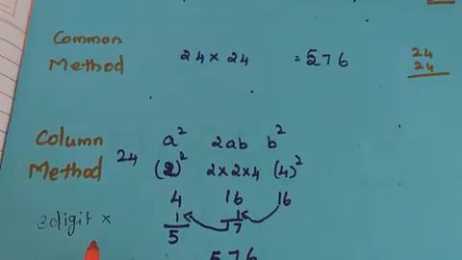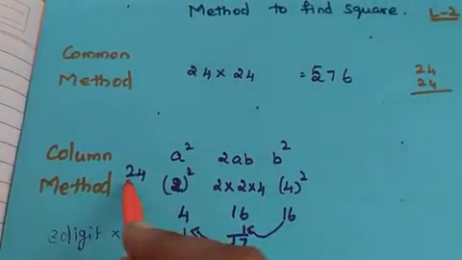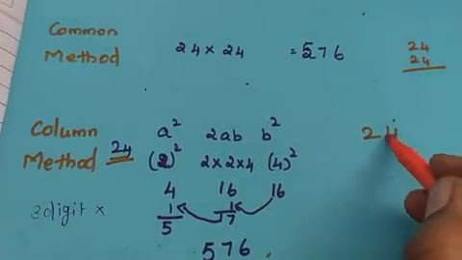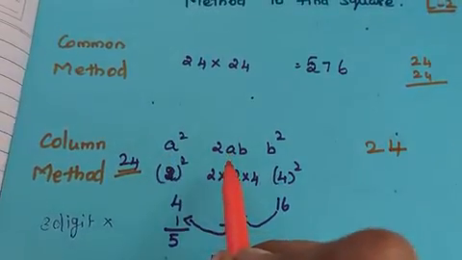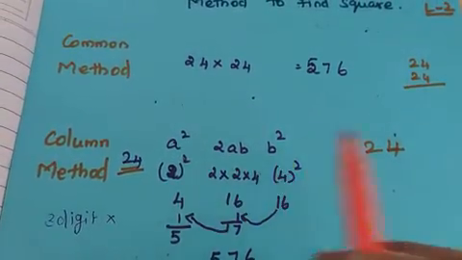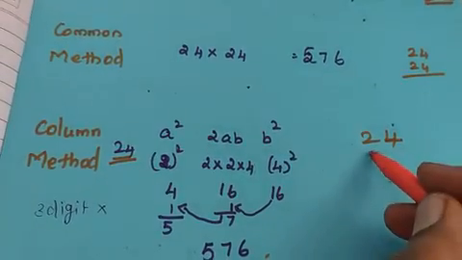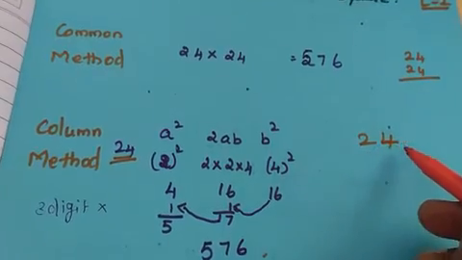In this column method, I am going to split the number into 2 parts. If 24 is given, I am going to write this 24 in 2 ways, that is a squared, 2ab, plus b squared. Here you should know what a and b are. From the given number only, we select a and b.